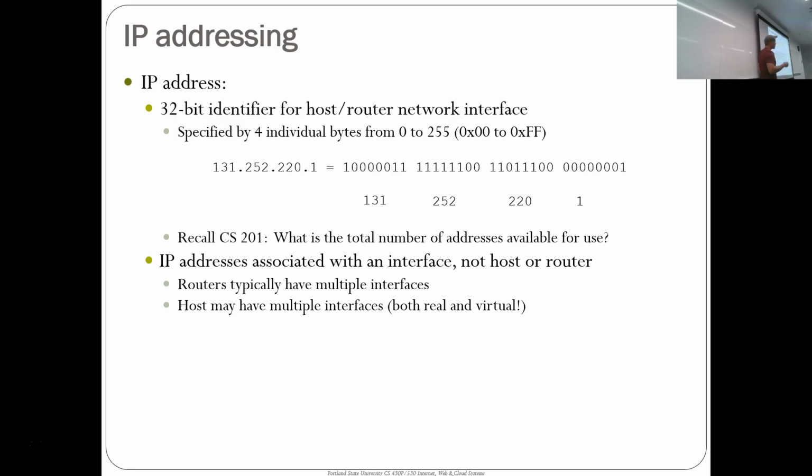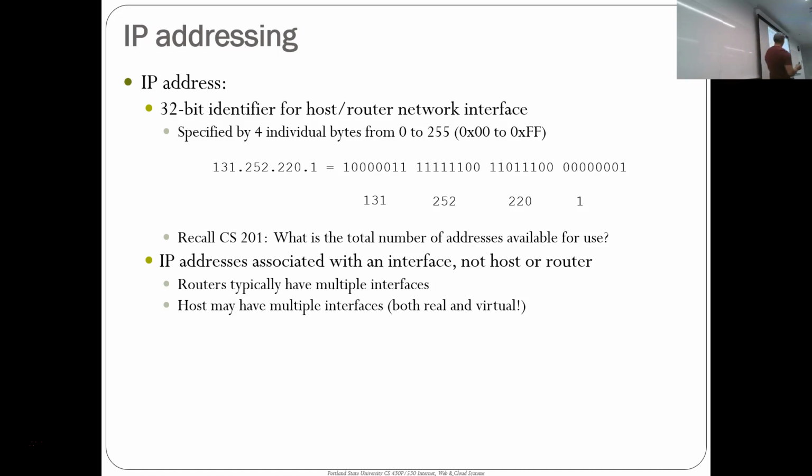When we assign an IP address, we assign it to an interface, not a machine. And this is a nuance, because if you have a machine that's got a Bluetooth interface, a 5G interface, a Wi-Fi interface, an Ethernet interface, you got lots of interfaces. Each one of those interfaces would get an IP address if you wanted to make them routable on the internet.